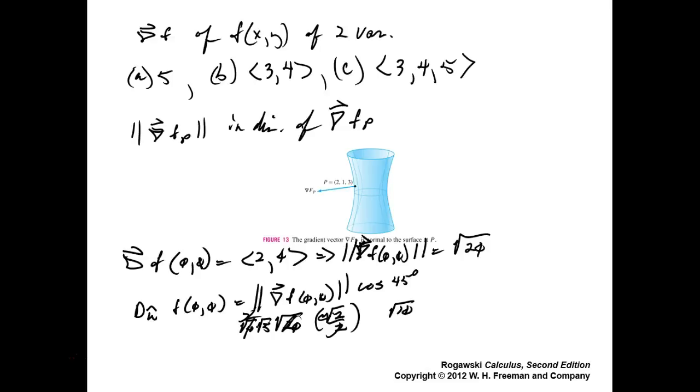Let's see if that's what they get. Oh, sorry, they don't do that. They just say... how did they get that? They get 3 root 2.